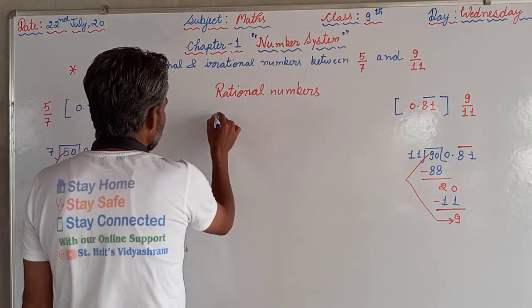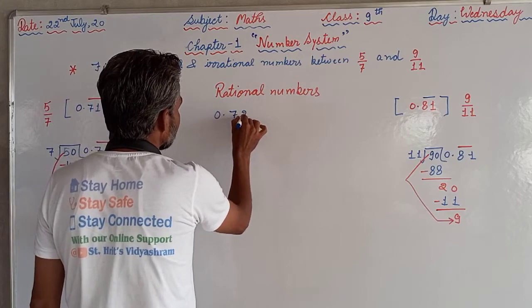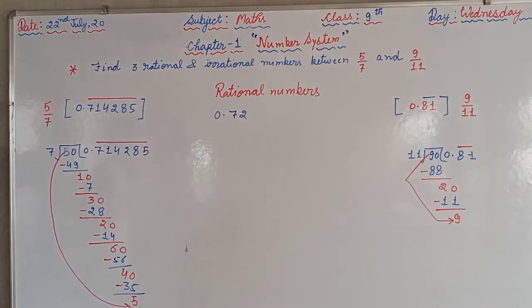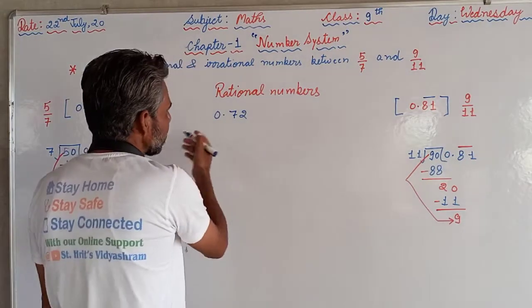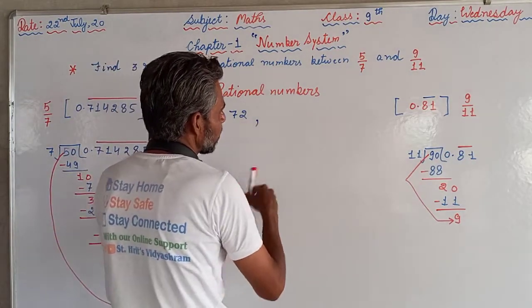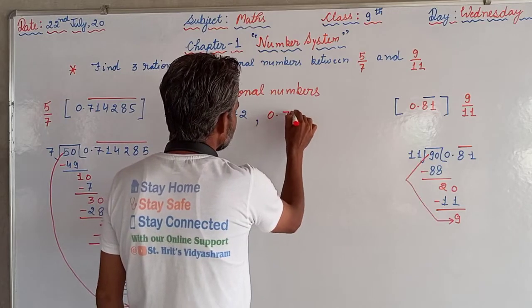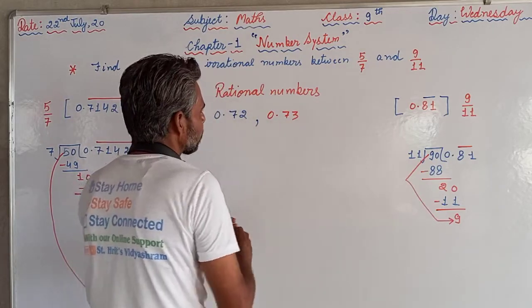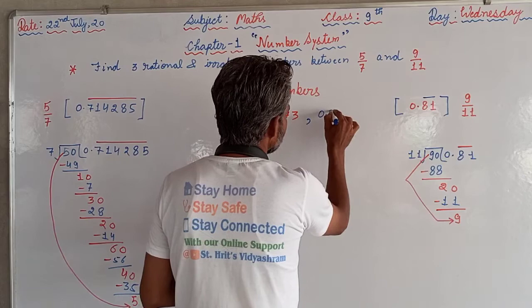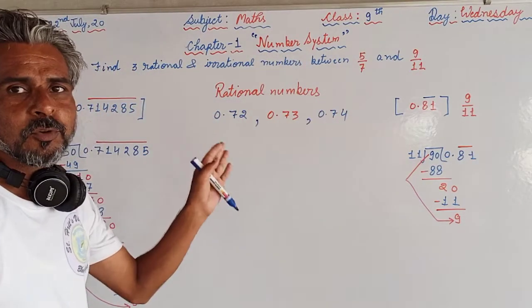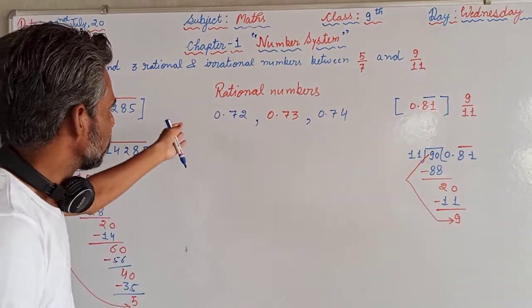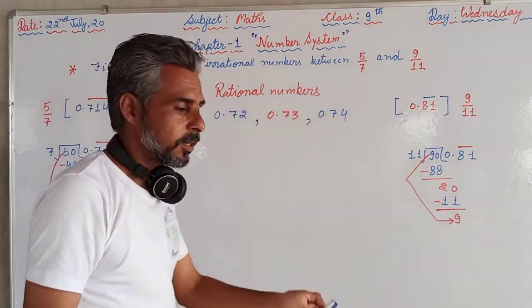So we can write here 0.72, terminating. We are not supposed to use that repeating form. 0.72. Afterwards we can write 0.73. Afterwards we can write 0.74. We can keep writing up till 0.81. So these are the three rational numbers.